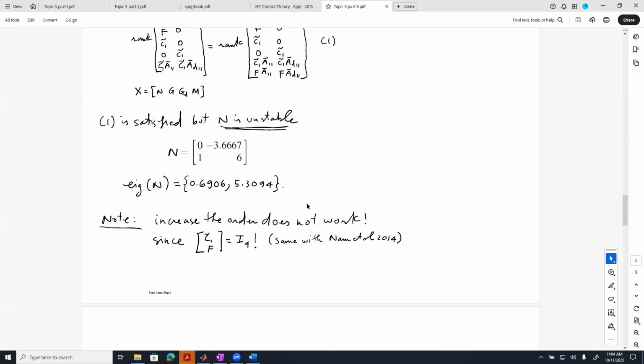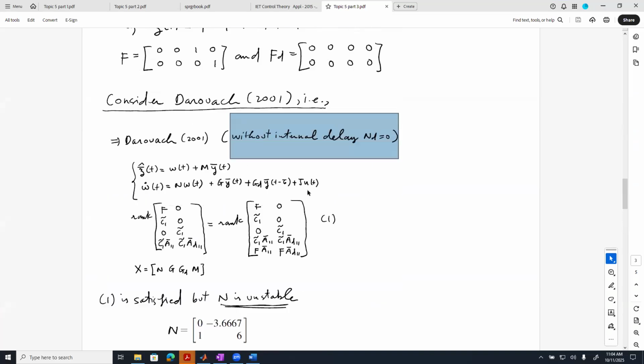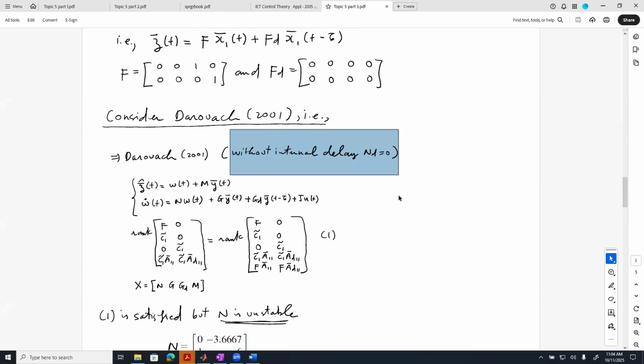Now, if we are still insisting, for whatever reason, maybe the customer wants it, that I will pay at any cost, I would like to have an observer without internal delay.